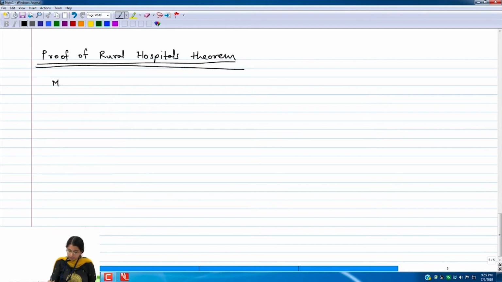Let's say M naught is the R optimal stable matching and let's say M is any stable matching.